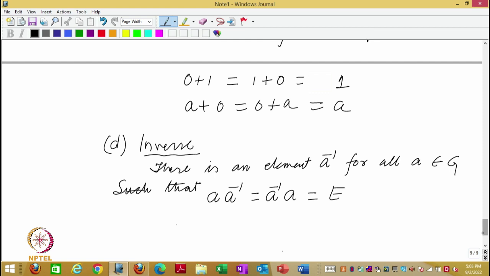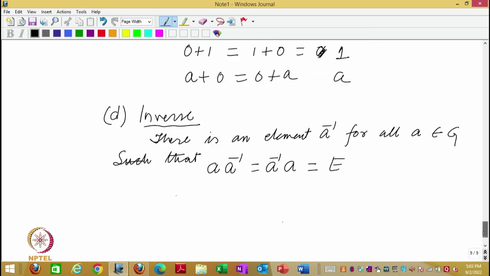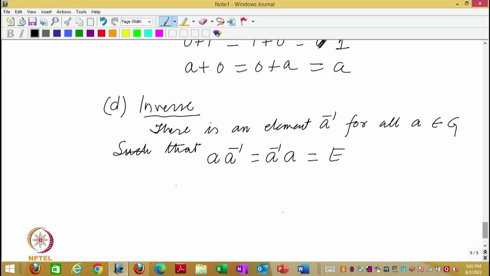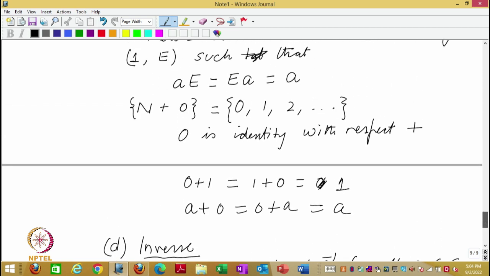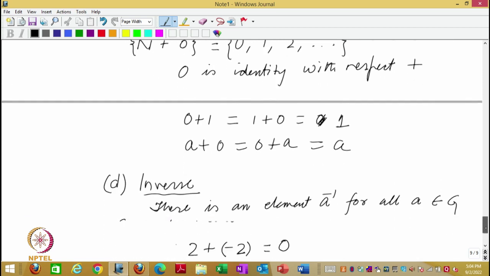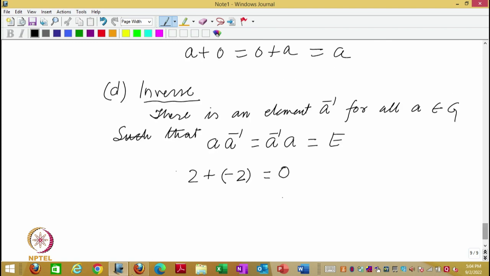So, what is inverse with respect to addition? Negative number. The inverse of 2 should be a number which when combined with 2 gives me the identity, and identity for addition is 0. So, 2 plus minus 2 is 0, but we have not included the negative integers. So, I now have to add the negative numbers also. So, I will get the set of integers if I want a group.